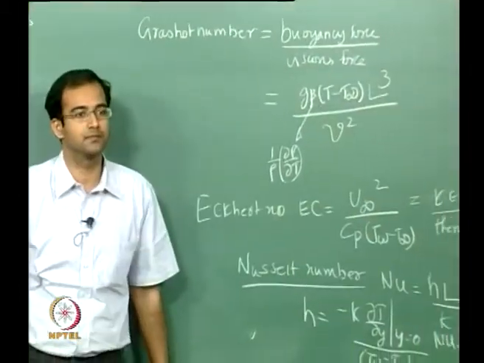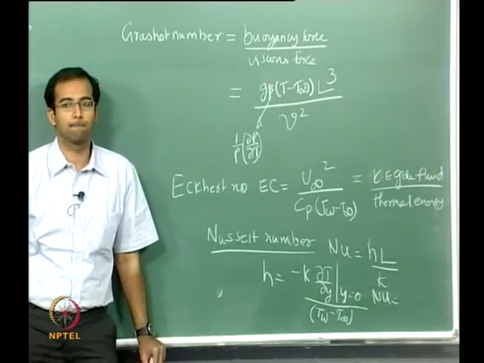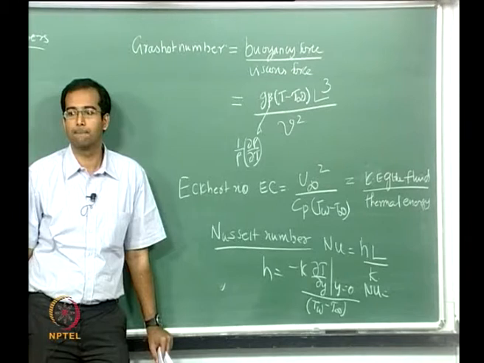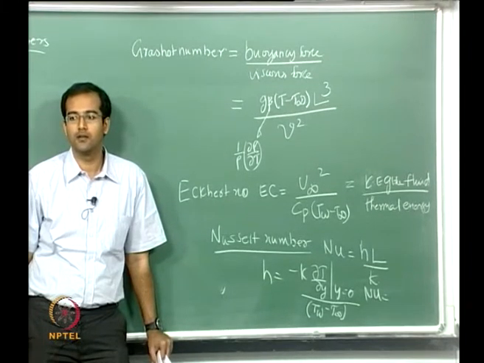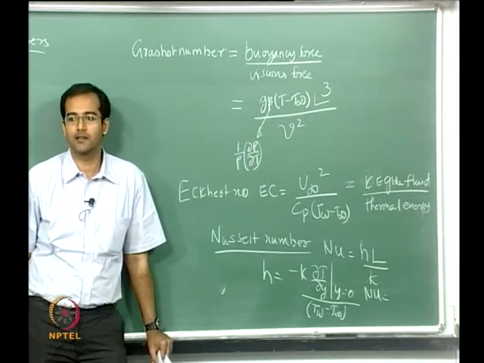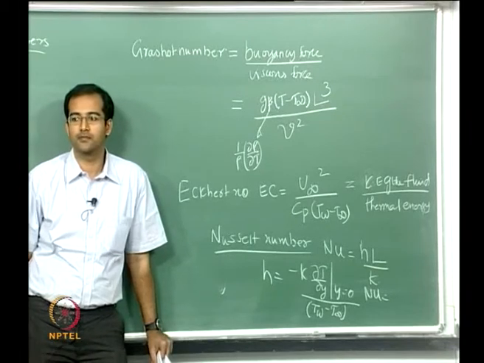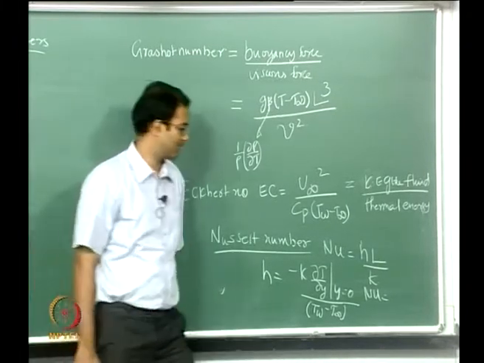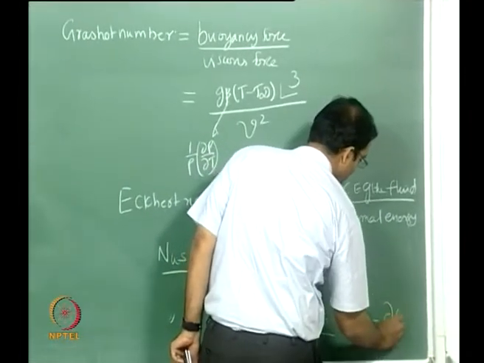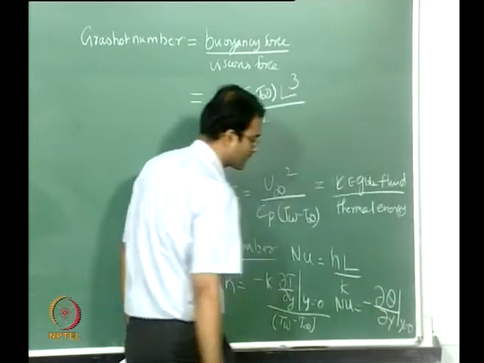Yes? So what should be the expression? Now I want to calculate the Nusselt number, h into L by k. Thermal conductivity cancels, and you can also write in terms of non-dimensional Y. L cancels, so that will be minus d theta by dY at capital Y equal to 0.